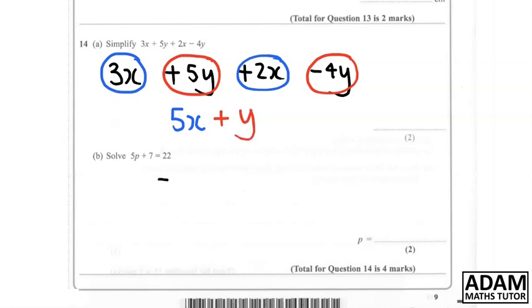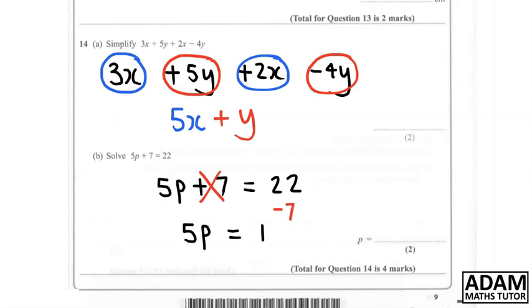Part B, solve 5p plus 7 equals 22. Start by taking away 7, therefore 5p would be equal to 15, and then divide through by 5, so therefore p would be equal to 3.